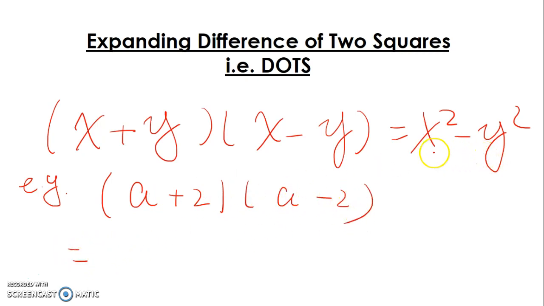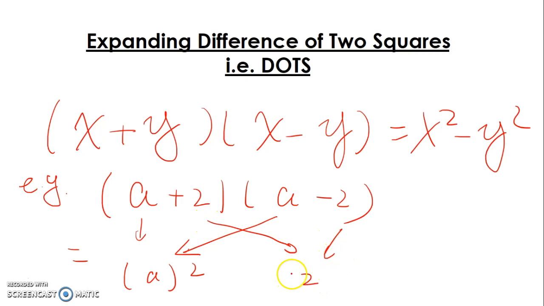So we end up with something squared take away something squared. All that we need to know is what that something is, in this case a squared, and what the other thing is, in this case 2 squared. So a squared minus 2 squared, which is 4.